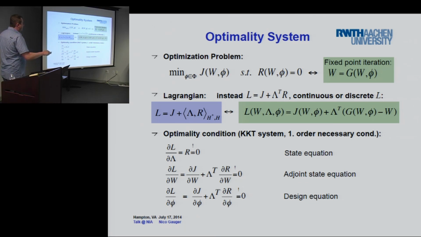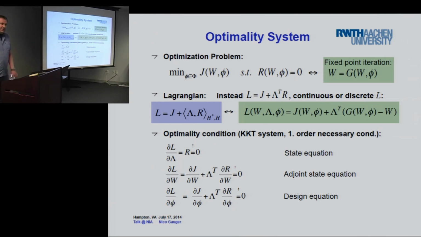I have a fixed point iterator G, and I iterate G of W several times until I converge to the fixed point W equals G of W. For example, in steady state I have a pseudo-time stepping scheme, or an implicit solve, some backward Euler combined with Newton, whatever. And this is the discretization, the algorithmic realization of the solve of the PDE R equals 0.